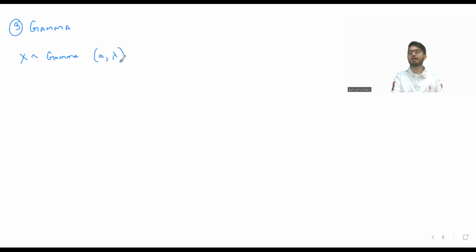Again, just keep in mind, I tend to write alpha over here like an a. A comma lambda, you can write alpha comma lambda, it's the same thing. This is actually alpha. In certain cases, it might be written in this particular form as well. So x follows gamma alpha comma lambda. Again, here both of these need to be positive.